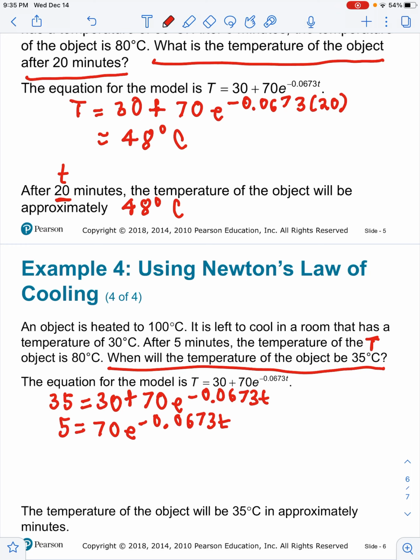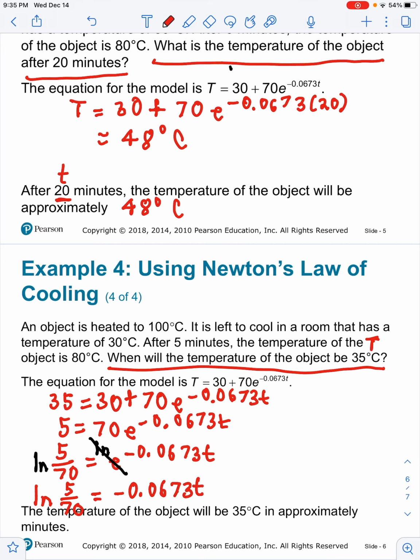But what we're going to end up doing is dividing both sides by 70. That gives us 5/70 equals e to the negative 0.0673 t. And then we can take the natural log of both sides, which we know because it has a base of e, that all cancels out. And what we're left with is the natural log of 5/70 equals negative 0.0673 t.